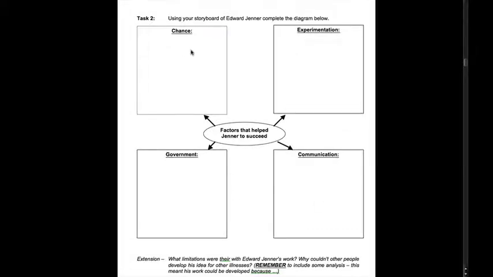Chance, the fact that he could even dare to practice an experiment on a child in the way he was doing so. Chance that he came across the story, the old wives' tale that those people who suffered from cowpox didn't catch smallpox. Experimentation, how he used the scientific process, posed a question, tested that question, experimented that question, repeated his experiments.